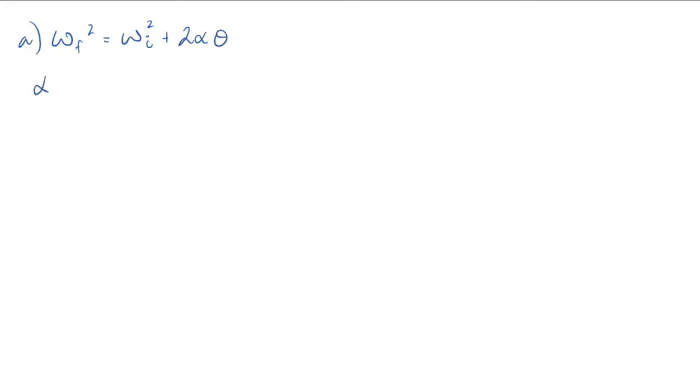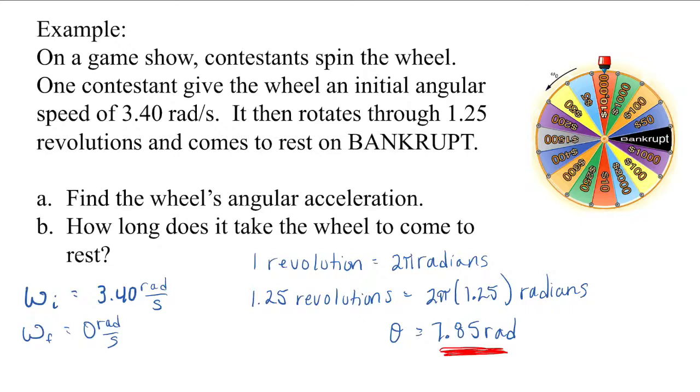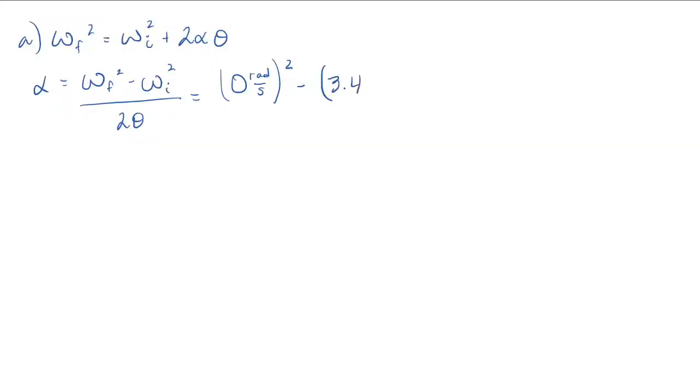All right, and then of course we're looking for angular acceleration, so I'm going to rearrange for alpha. So that's 0 radians per second squared minus, what was the initial? 3.4, and then of course that was 7.85 radians.